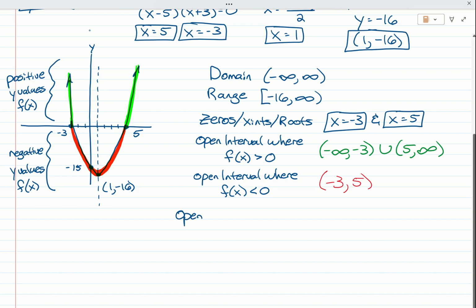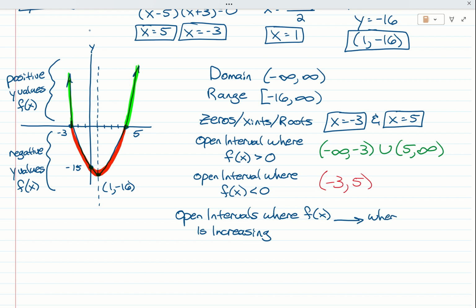Let's say open intervals where the graph is increasing. What this means is where is the graph going up from left to right.